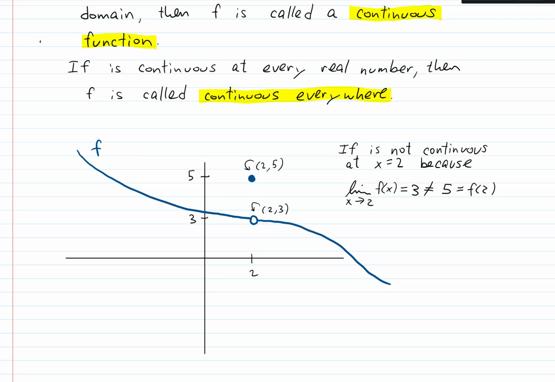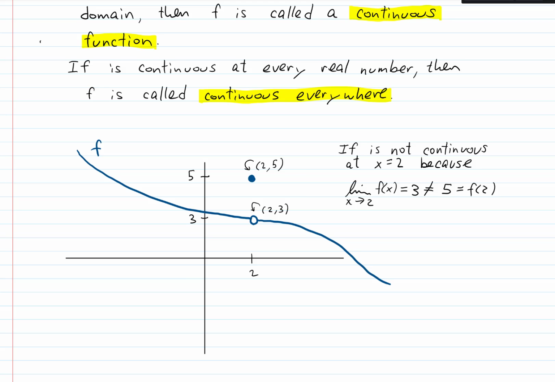It has nothing to do with drawing the graph without picking up your pencil. That has nothing to do with it. It's not continuous at 2 because the limit of f of x as x approaches 2 does not equal f of 2.